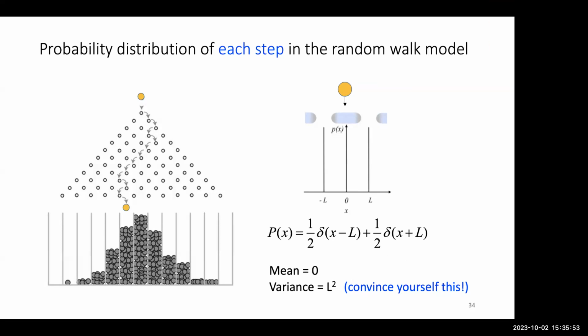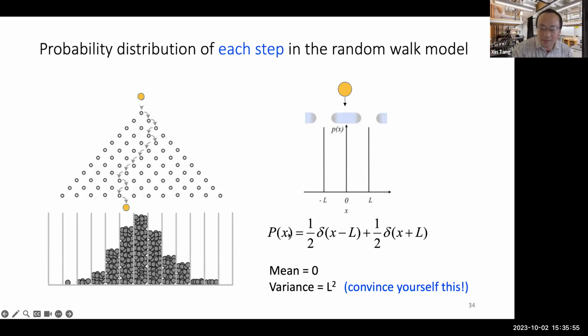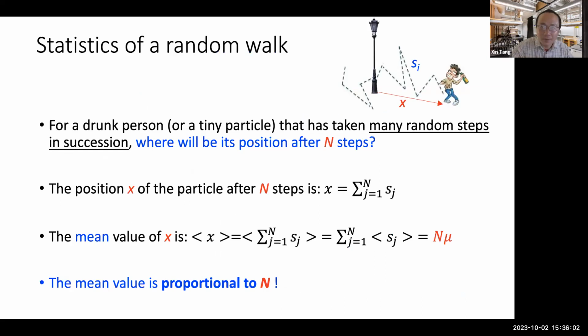Yeah. Good. So once you understand this, now we can look into an exact example. So here's one example. Imagine a person that is drunk. Okay, so this is a random walk. This is called a random walk. Imagine a drunk person, or it is the same as a tiny particle.